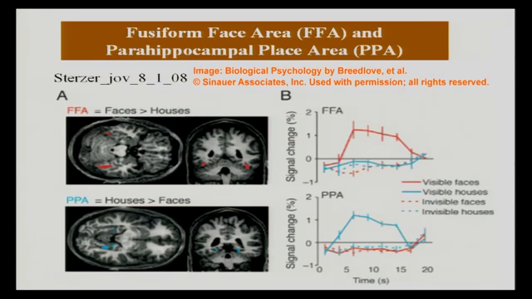When they view houses, places, the blue line is the change in activity, effectively none. But there is a local region separated and more medial than the fusiform face area called the parahippocampal place area that becomes more active when people view houses.